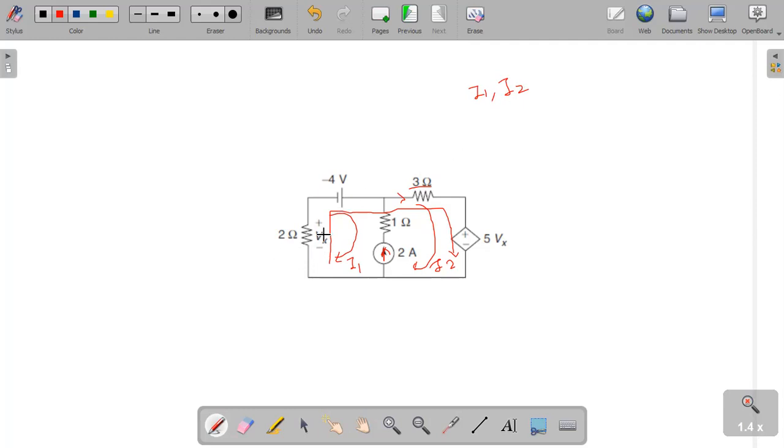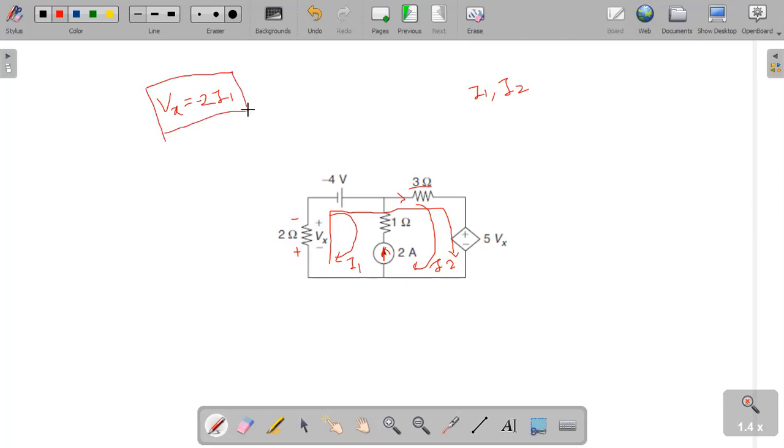This Vx is the voltage drop across the 2 ohm resistor, so we can write that Vx is equal to 2I1, but considering the direction of the current flowing through it, generally whenever the current enters the resistor, that is positive, and wherever it leaves, that is negative. By this rule, Vx is equal to minus 2I1. This conversion we can use anytime wherever Vx comes in the equations.